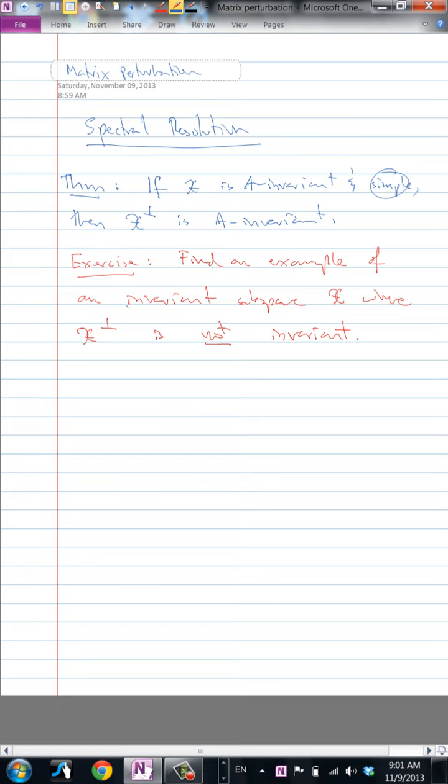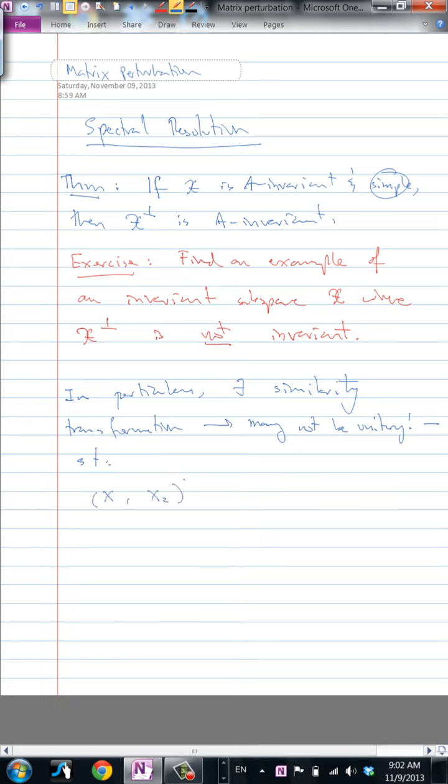So what's a consequence of this? In particular, this means that there exists a similarity transformation, which may not be unitary, such that [x1, x2] inverse times A times [x1, x2] is equal to [L1, 0; 0, L2].